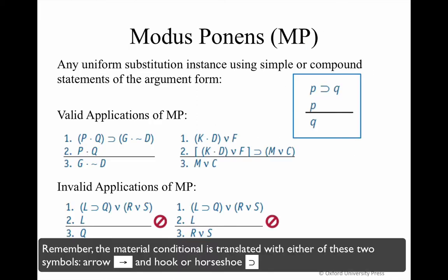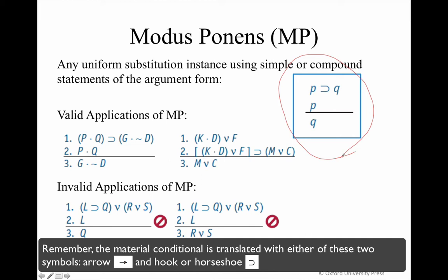So first, I'm going to keep using our pen here. I want you to take a look at what is boxed up. This is the argument form known as affirming the antecedent or modus ponens. And it looks like this.